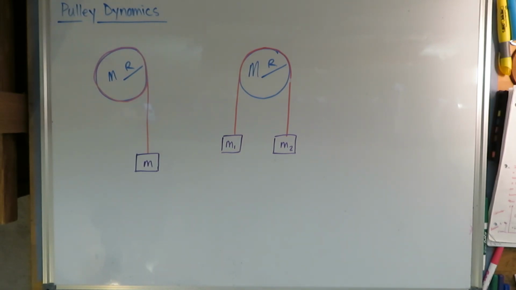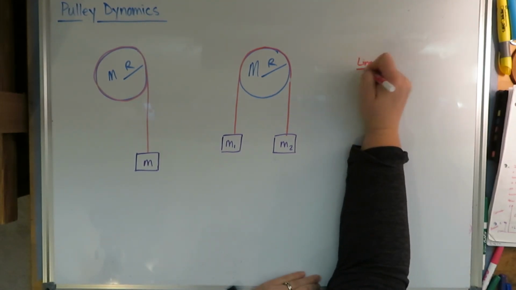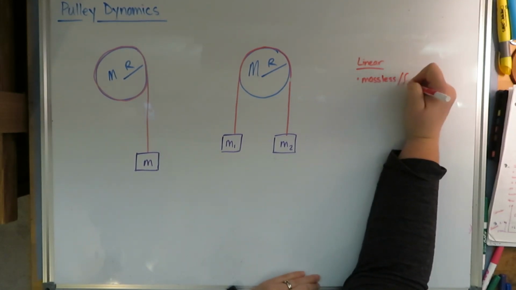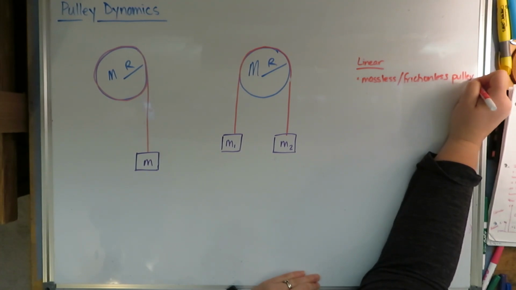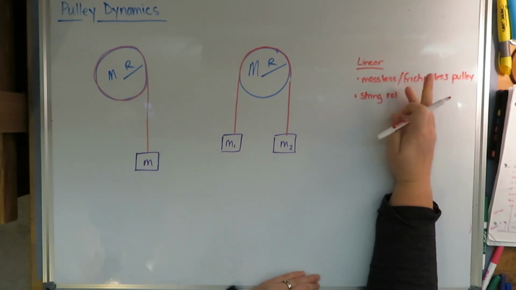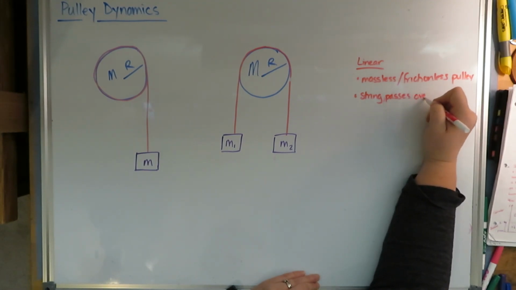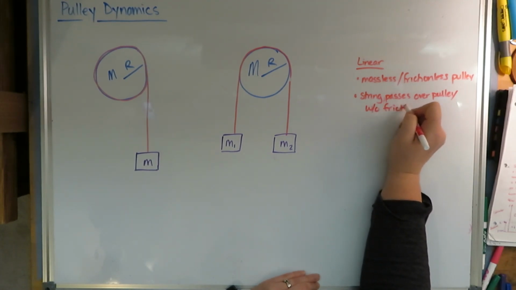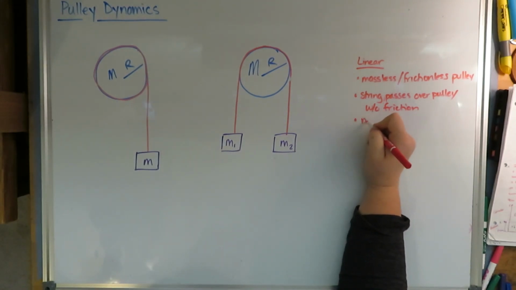When we saw these in linear dynamics, the problems would have mentioned something like a massless, frictionless pulley, or the string rotates without friction, or passes over the pulley without friction. Those are keywords for when you can neglect the pulley.